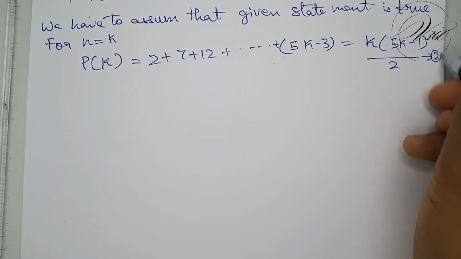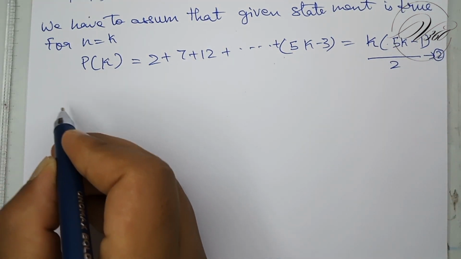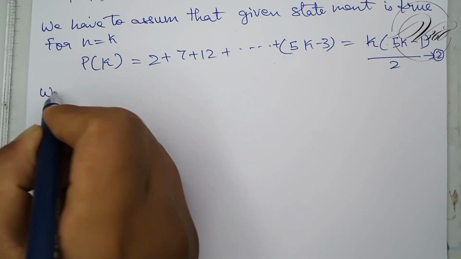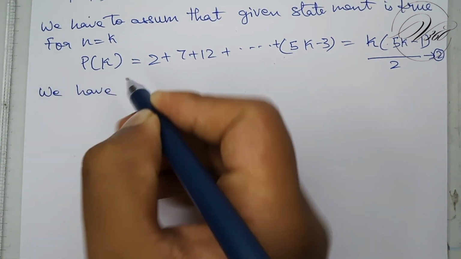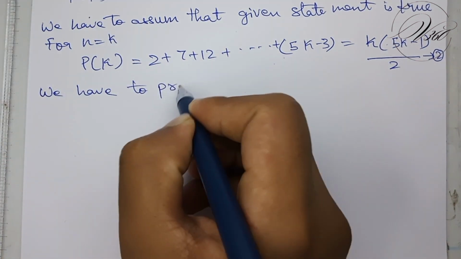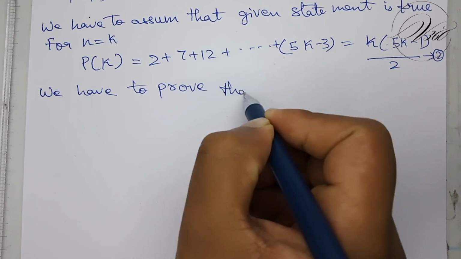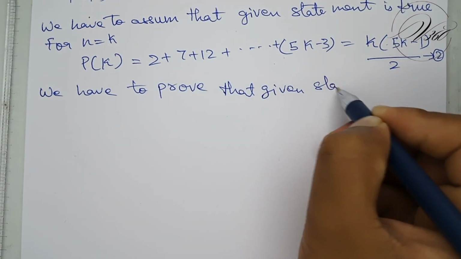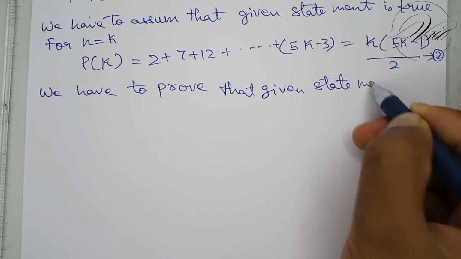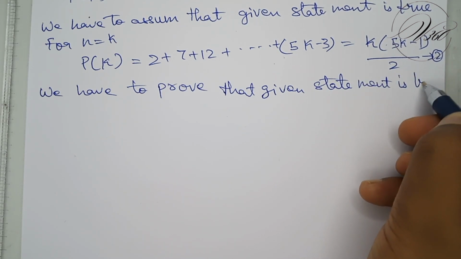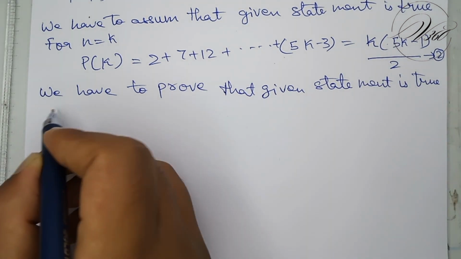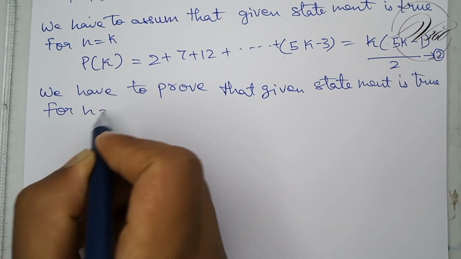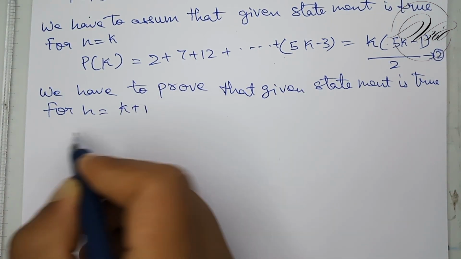This is the second equation which we have got. Now we have to prove that the given statement is true for n equals k plus 1.